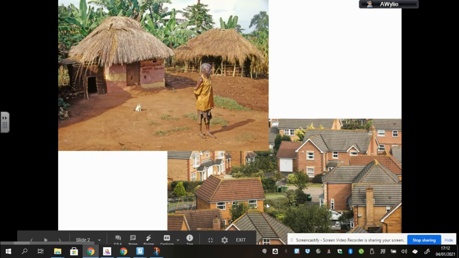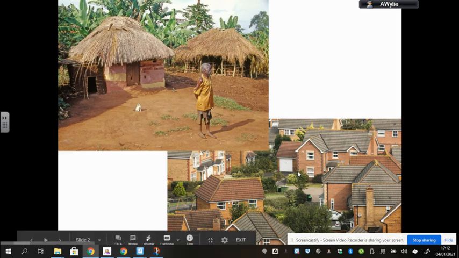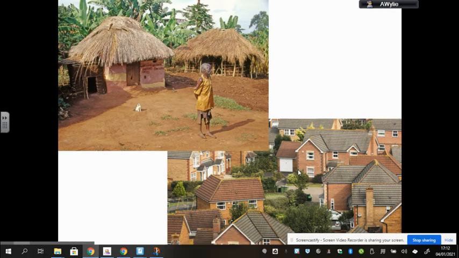Now, think about the differences in the actual buildings that we live in and how that affects our life, how these differences actually lead to different outcomes in our lives, in terms of how well they're built and how well they protect us, and the different things that you'd be expected to find in your home versus this housing here.